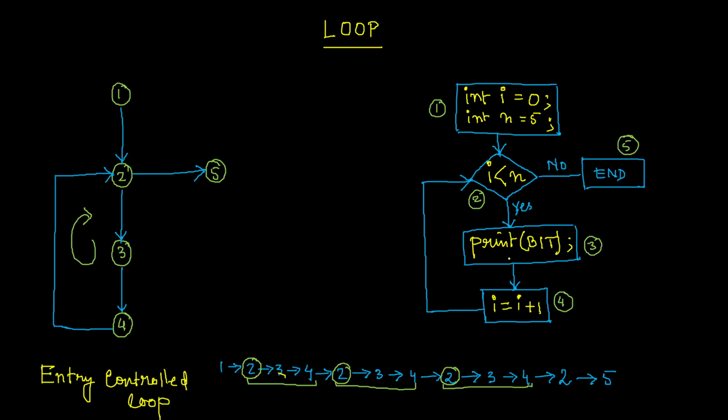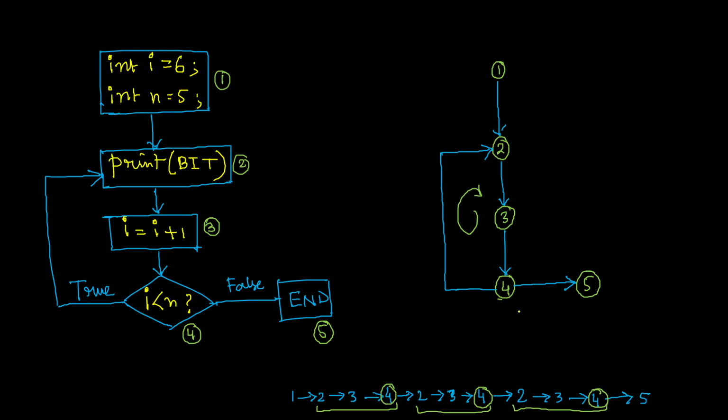In the other case, you are not allowing your program to enter the loop without any condition. That's why this particular type of strategy is called an exit control loop. This is what we call an exit control loop.